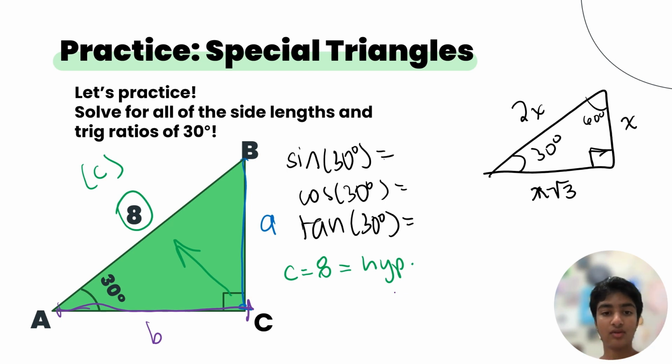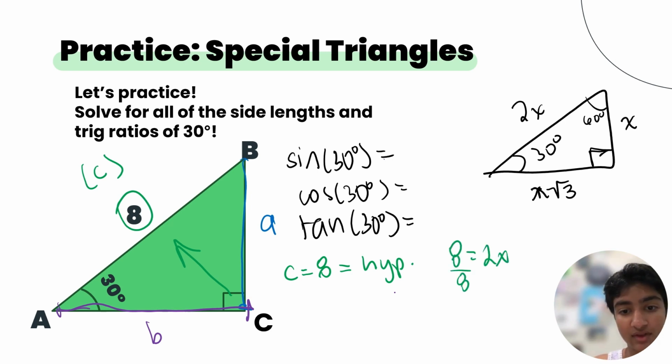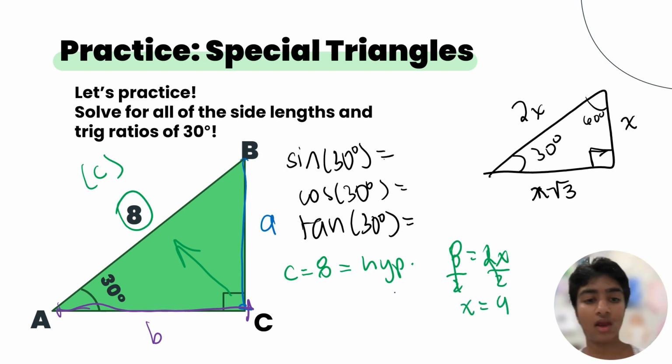So now that we know that 2x is the hypotenuse, and the hypotenuse is also 8, that means that 8 equals 2x. And we isolate the variable. Divide by 2, and you get x equals 4.